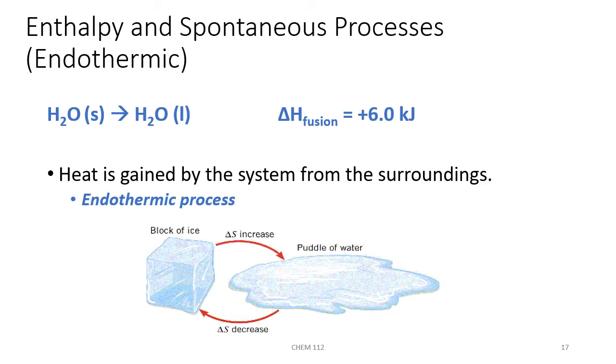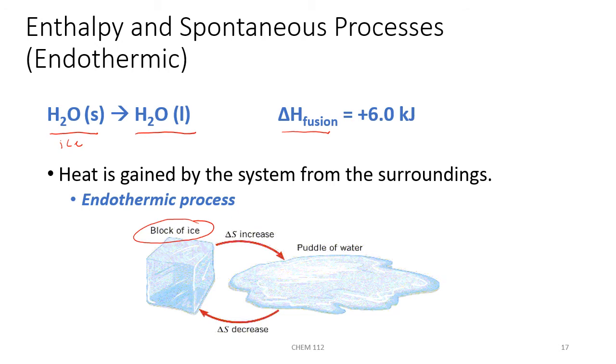An example of a common endothermic reaction that is also spontaneous is solid water or ice spontaneously turning into liquid water at room temperature. We could talk about the enthalpy of fusion, which is the energy required for this process to take place, this phase change. Heat is gained by the system from the surroundings in this endothermic process. The block of ice will gain heat from the room, essentially, from its surroundings.